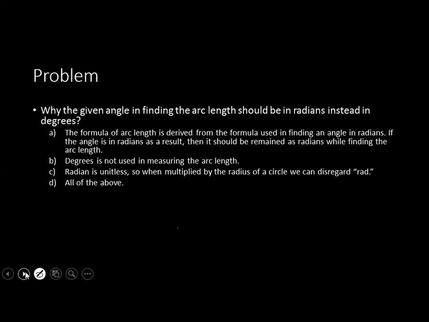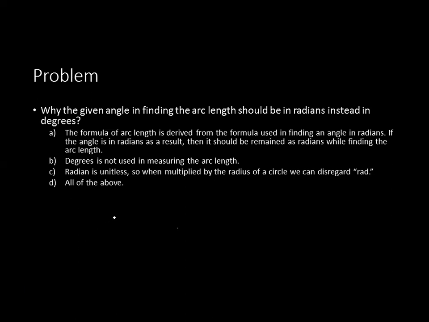Why the given angle in finding the arc length should be in radians instead in degrees? A. The formula of arc length is derived from the formula used in finding an angle in radians. If the angle is in radians as a result, then it should remain as radians while finding the arc length.